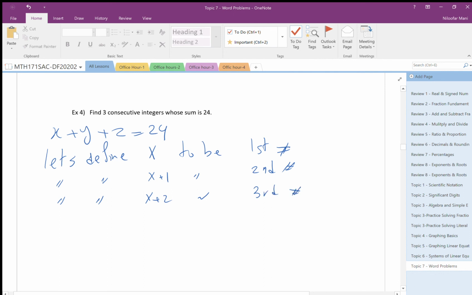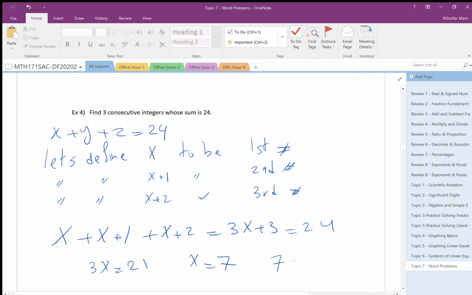Now it's much easier because I can say x plus x plus 1 plus x plus 2 is 3x plus 3, and that's 24. Then 3x is 21 and x is 7.